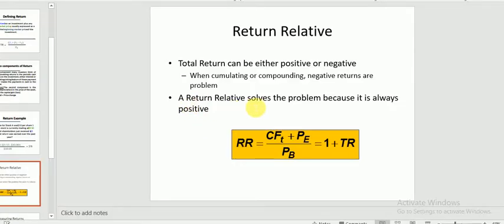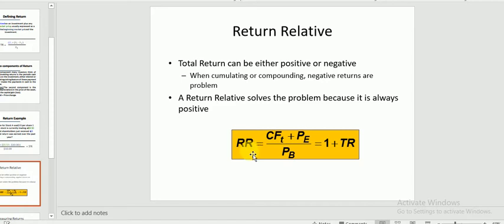A return relative solves the problem because it is always positive. Keep in mind that return relative is always positive. Why positive? We will prove this practically.